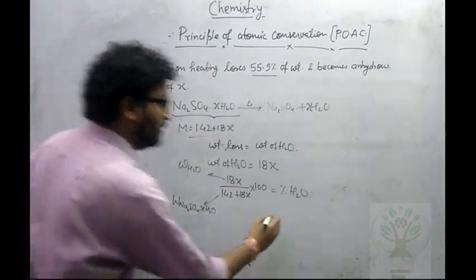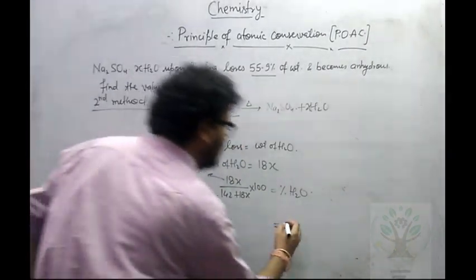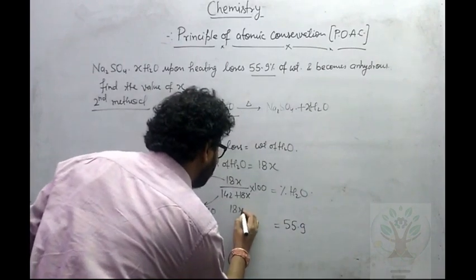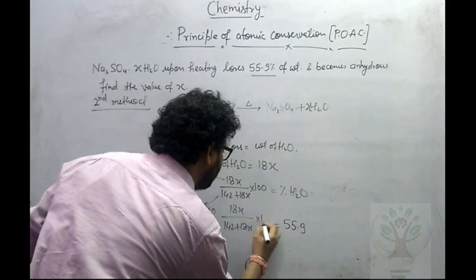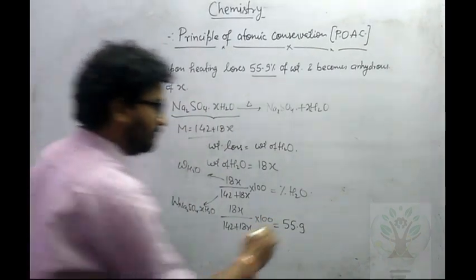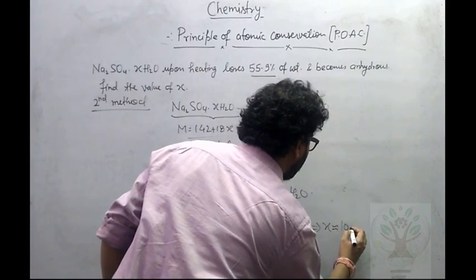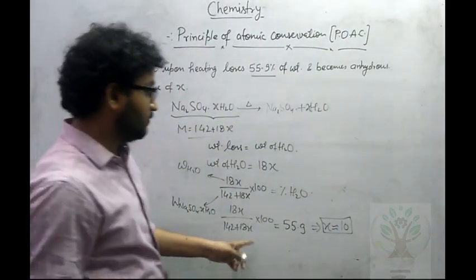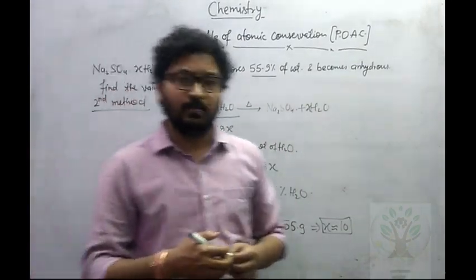Please pardon the background noise. Now what is the percentage of H2O given in this question? 55.9. So 18x divided by 142 plus 18x, into 100, will be 55.9. If you solve it here, again you will get approximately 10. Please do the calculation on your own. So this is your other method.